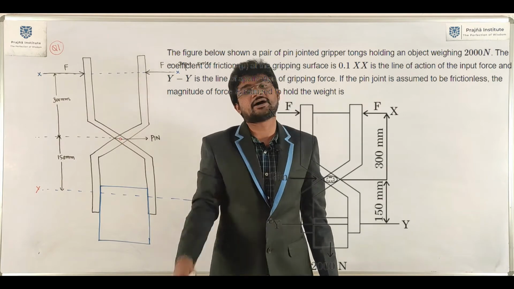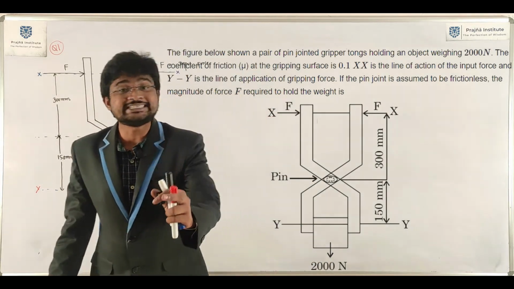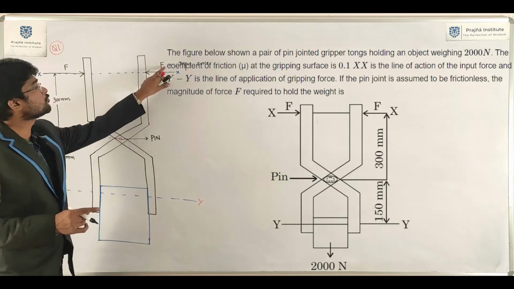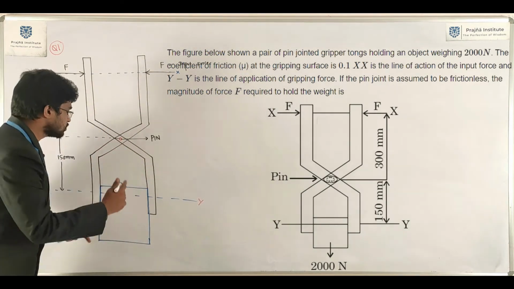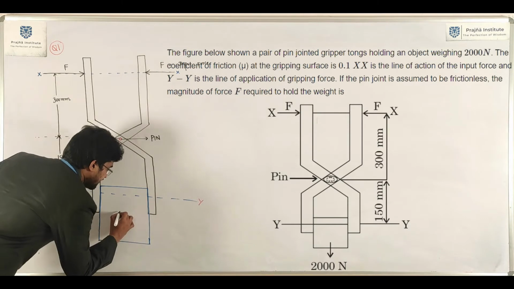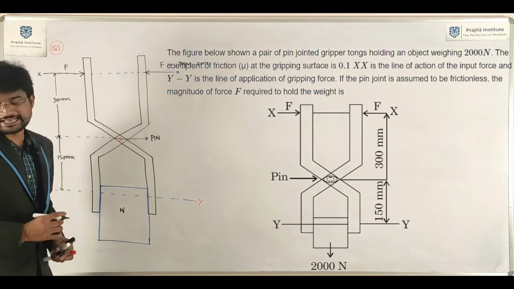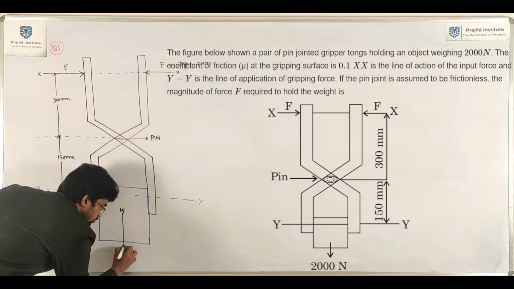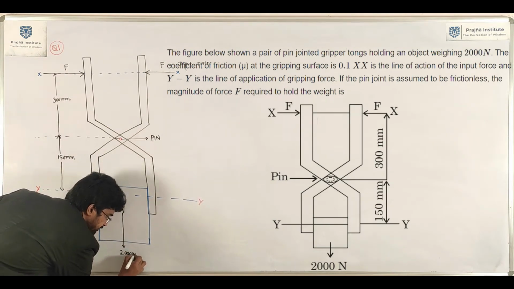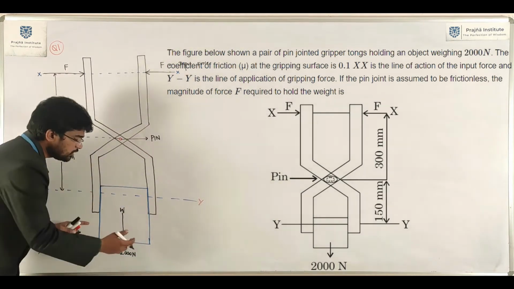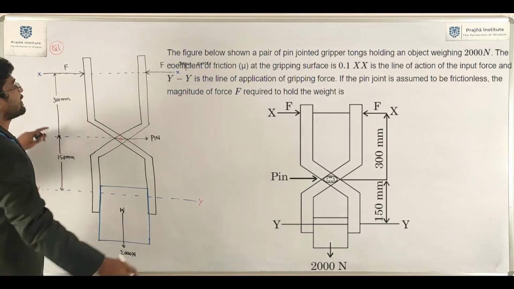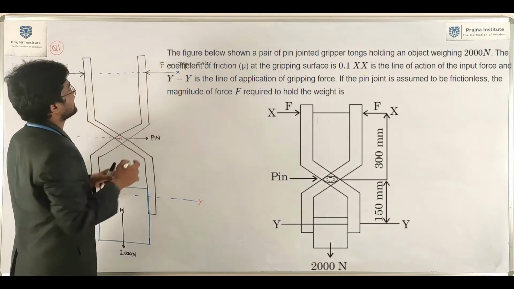In this case, they are asking you to determine the magnitude of force required to hold the object of weight W equals 2000 Newton. To hold this weight, we need to determine the force to apply at the line of action XX.